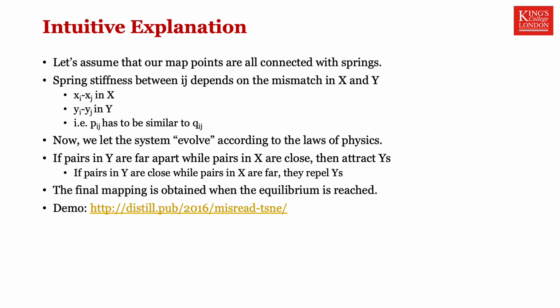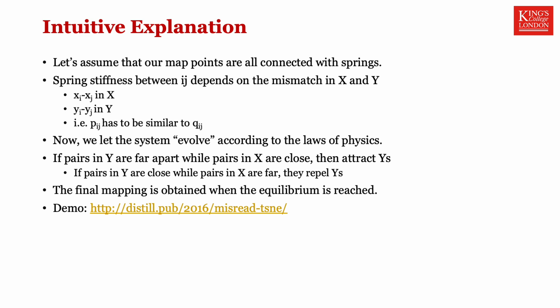We would like the system to evolve. And what does that mean? If 2 points are far apart in the space of Y, the lower dimensional space, but they are close in the space of X, then you want to bring the 2 Ys closer to each other, because you want the distances in the space of Y to be as similar as possible to distances in the space of X, so that the springs have relatively the same energy, and vice versa.